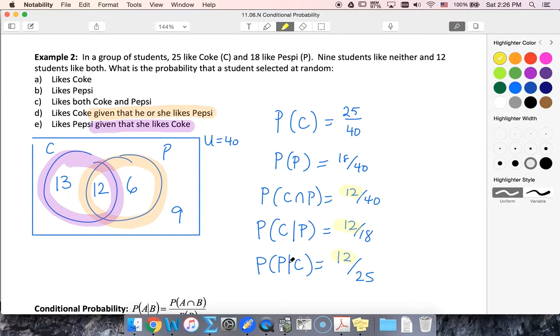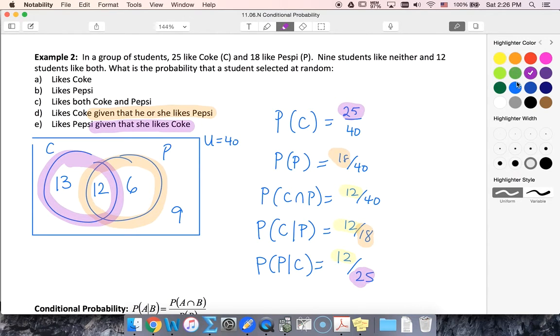But now when I had a given, my denominator changed, and given Pepsi, it became 18, which was the same as the numerator up here with Pepsi. So here was my 18, and here was my 18 again. When I had my Coke, that was 25, and those 25 people are now down here.